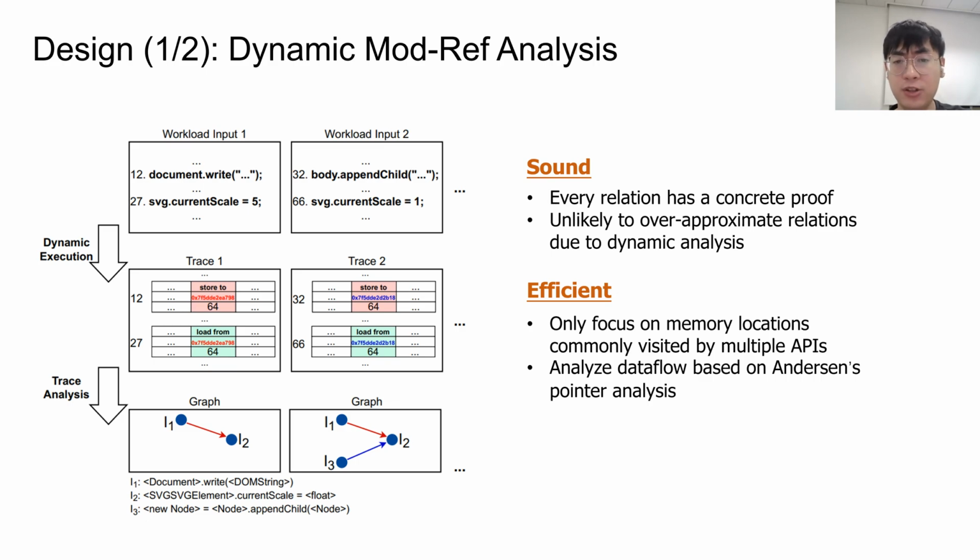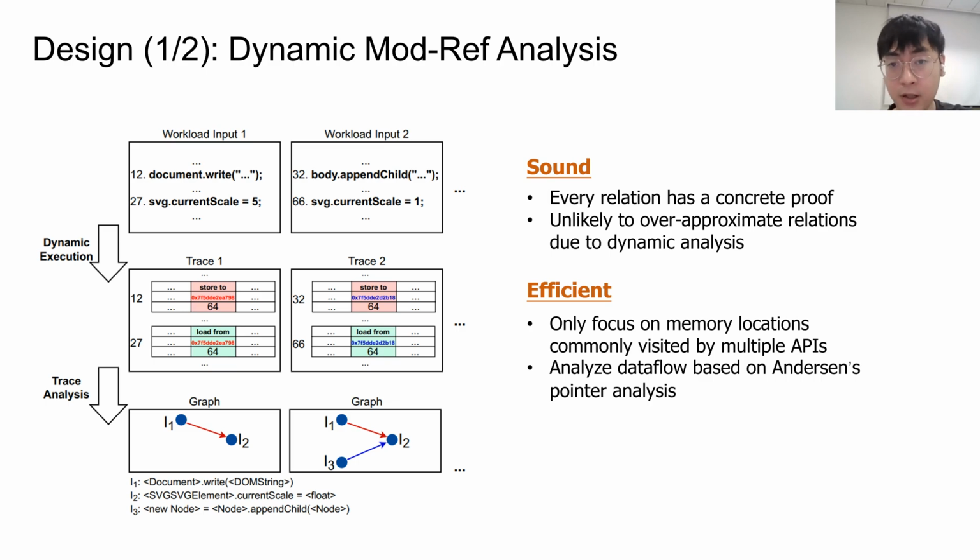And this approach is unlikely to over-approximate relations, because every built relation has a concrete proof thanks to the dynamic analysis. And we also try to reduce the runtime overhead by only focusing on the memory locations commonly visited by multiple APIs.